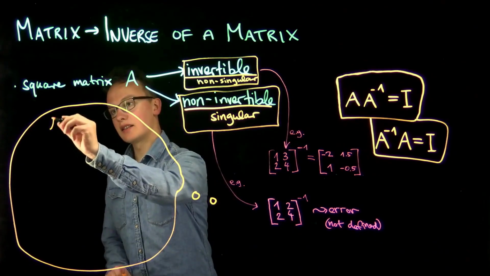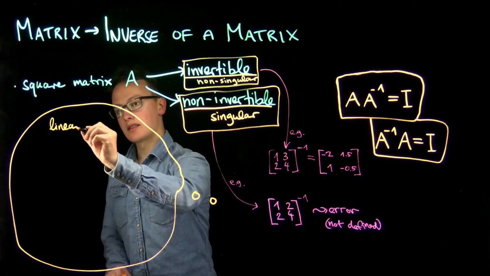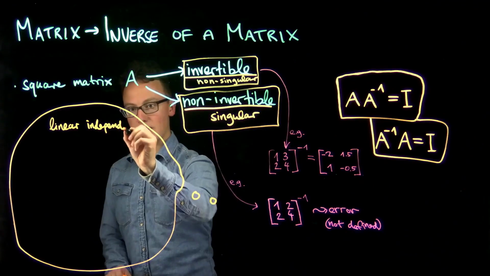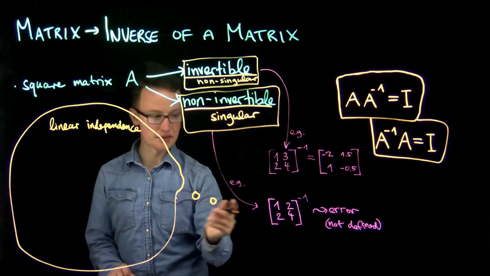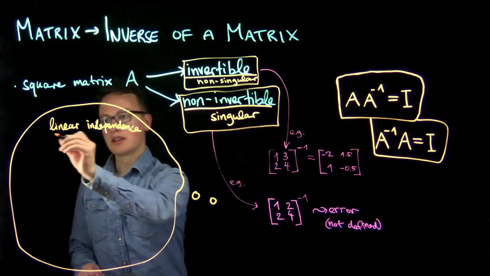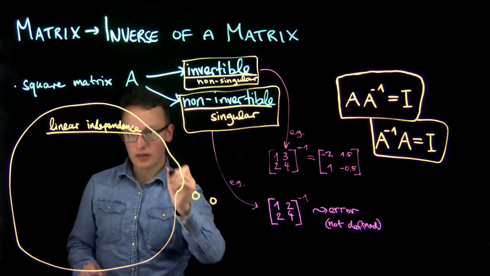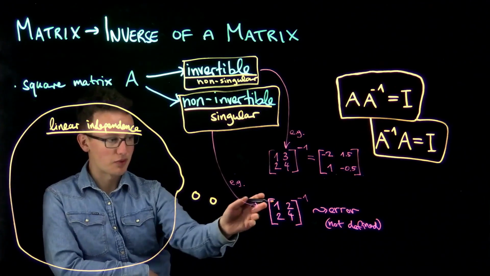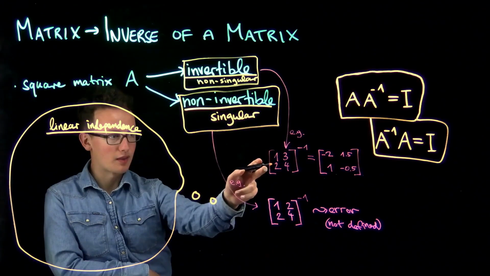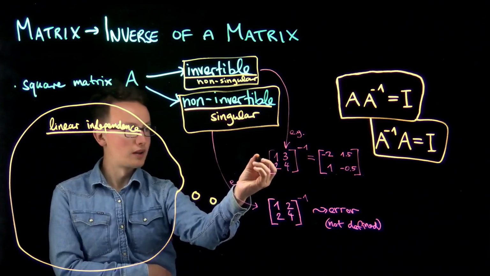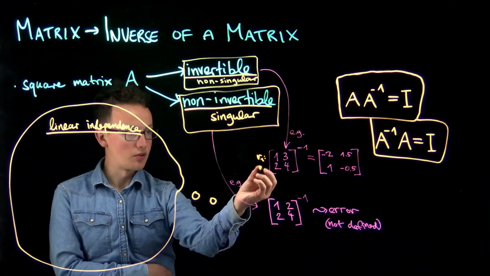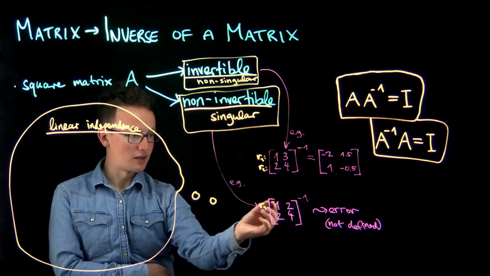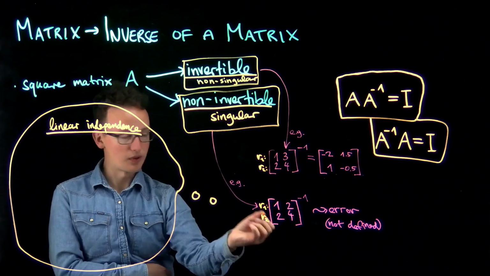Linear independence means that when we look at a matrix and its rows in particular, we would say that the rows of a matrix are linearly independent from each other. For example, that would be row 1 and that would be row 2. So row 1 is this and row 2 is this. Or likewise for that example, row 1 is 1, 2 and row 2 is 2, 4.